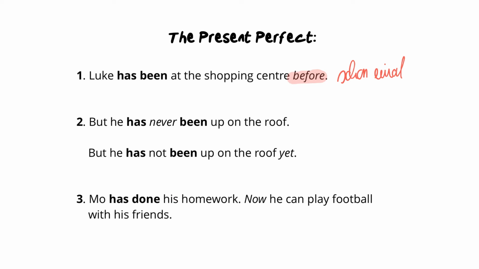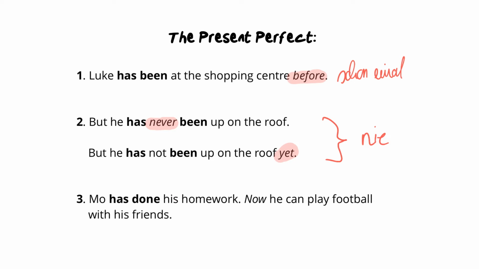The first sentence could be translated as follows. Aber war noch nie auf dem Dach. So the English word never is translated as nie. The English word yet in the second sentence could also be translated like that.